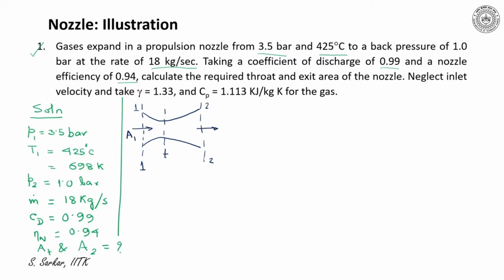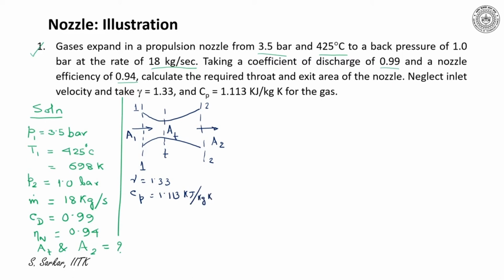A1 be the cross-section area at inlet, A2 be the cross-section area at exit. Similarly, AT be the cross-section area at the throat. Furthermore, given gamma of the gas as 1.33 and Cp as 1.113 kilojoule per kg per K.